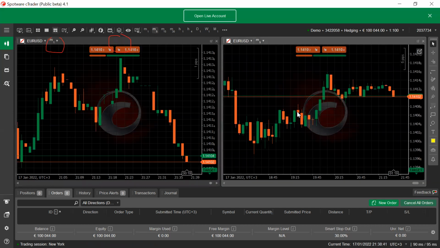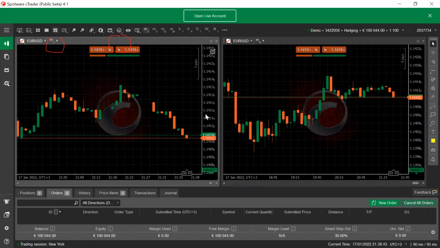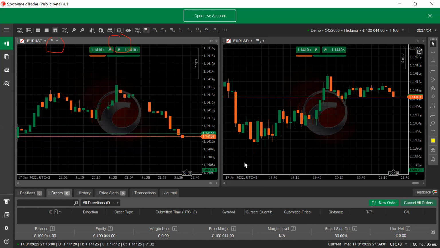So this is what we normally do. We use this 5 minutes to guide you on what you do on the 1 minute. If the 5 minute time frame is going down, if the market is going down, then this one will definitely be going down much quicker. If this is going up, this will definitely guide you as you go up.